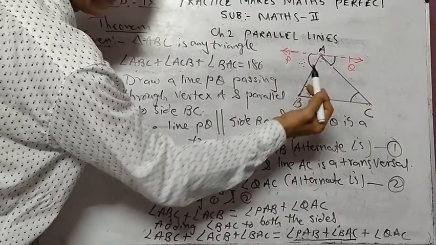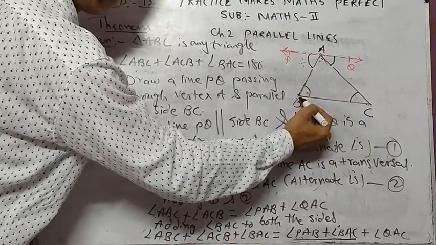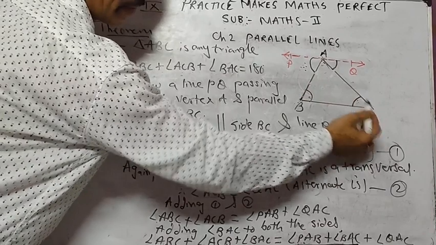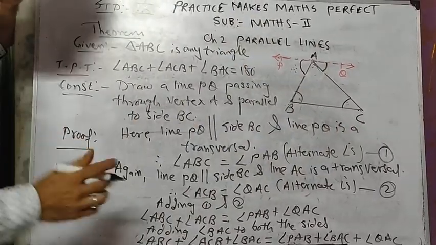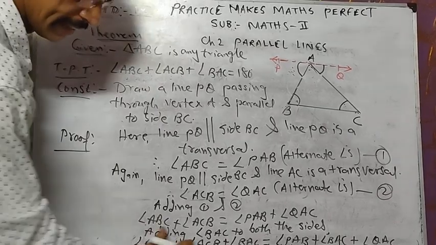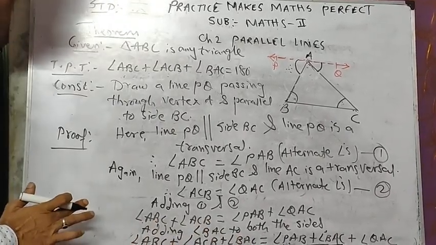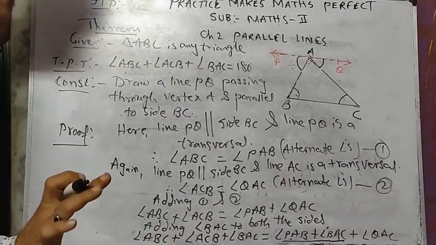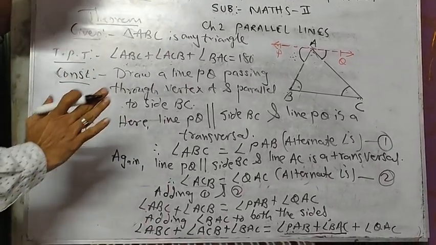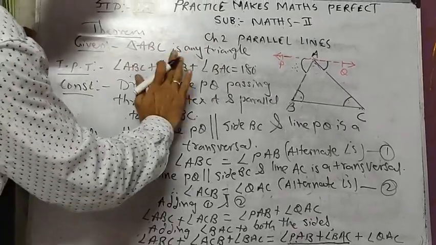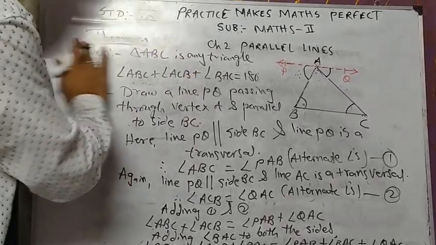Again, PAB plus BAC will be PAC. This step will remain as it is. Then you have to write the next step. For the next step, I will rub this given.